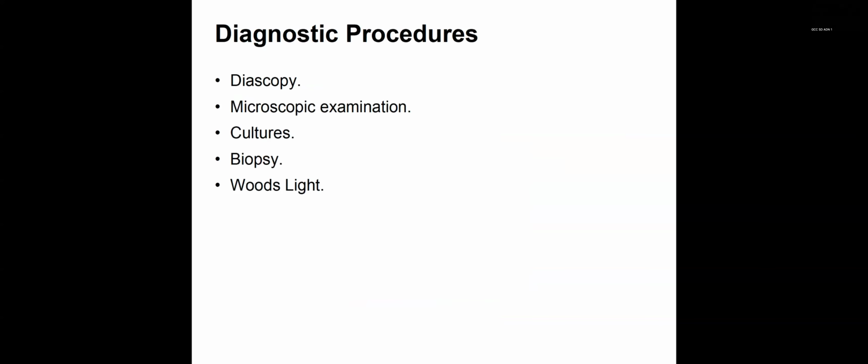Now, let's look at some procedures and pharmacology. Here we have different types of diagnostic procedures. Diascopy is when a microscopic slide is pressed against a lesion to see if it blanches. Usually it's used to find vascular lesions. You have microscopic examination, examining skin scrapings to help diagnose a fungal condition or a parasite like scabies.